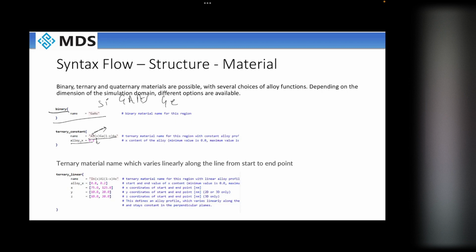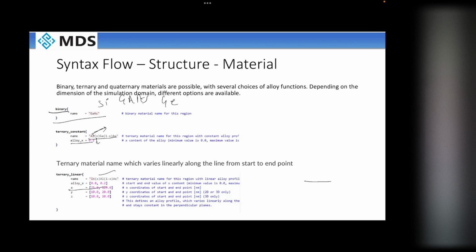Along with that, suppose we have a composite like indium aluminum arsenide, and you want the composition to change throughout the length in one particular direction, so it's changing along the x-axis, right?